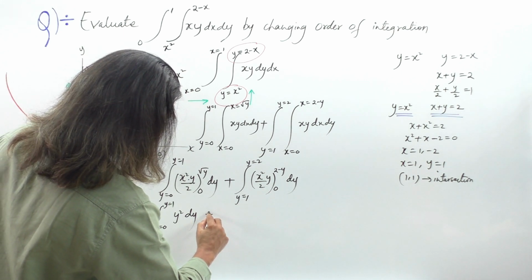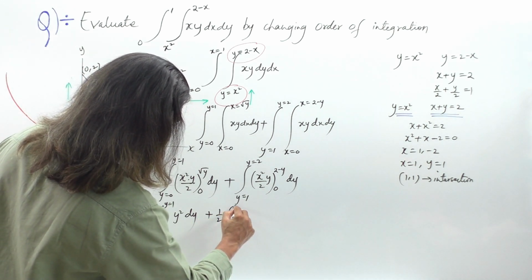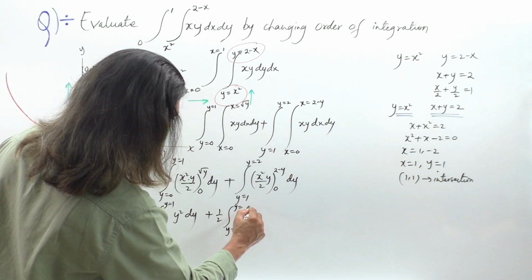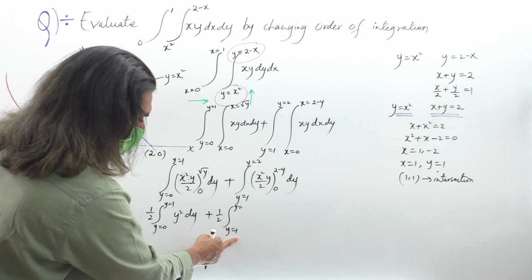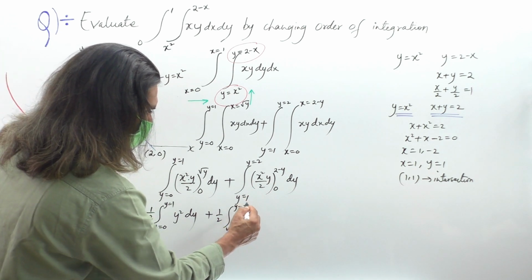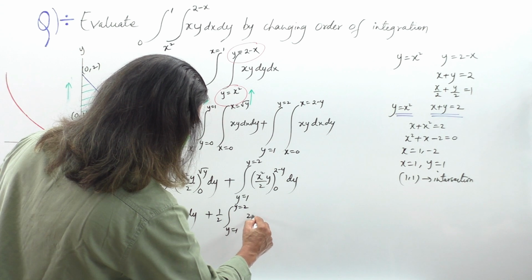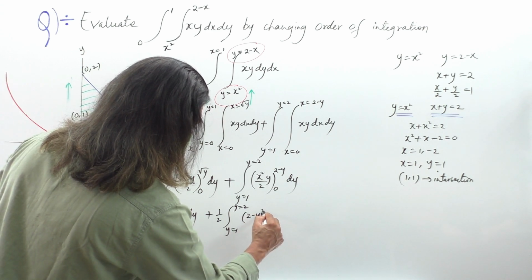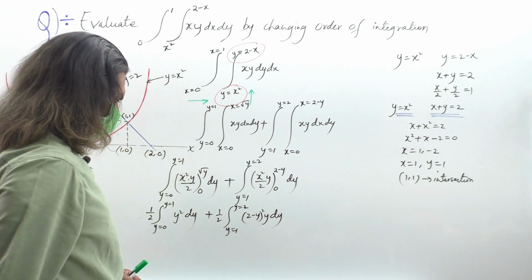Similarly here, plus 1 by 2, y is equal to 1 to y is equal to 2, and next again in place of x put 2 minus y. That will become 2 minus y the whole square into y dy.